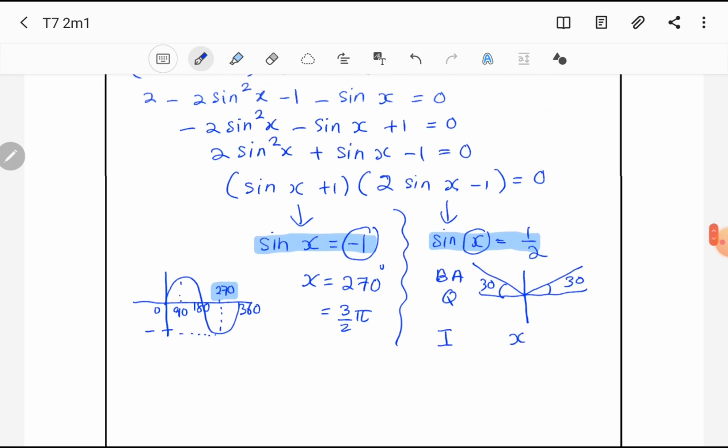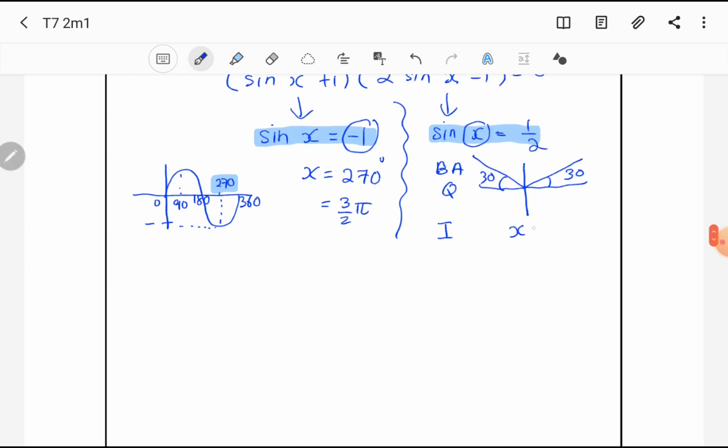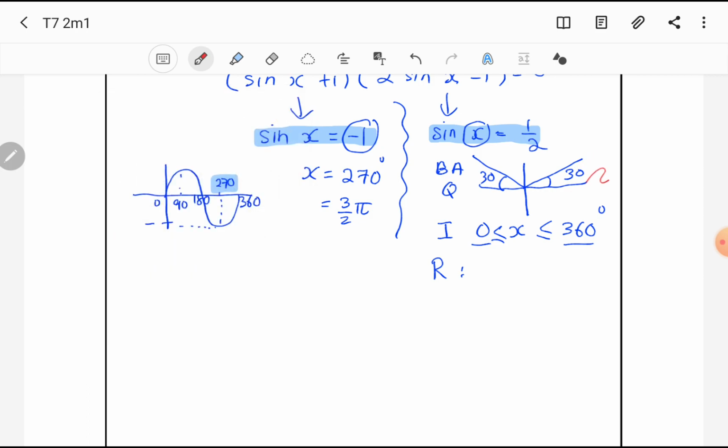Okay, tengok interval dia tadi kat atas tadi. From 0 until 360 degrees. Okay, so the rotation, kalau awak tengok 0 until 360 degrees, kita akan consider positive angle and positive rotation only. Okay, so kita akan move from positive x-axis naik ke atas.